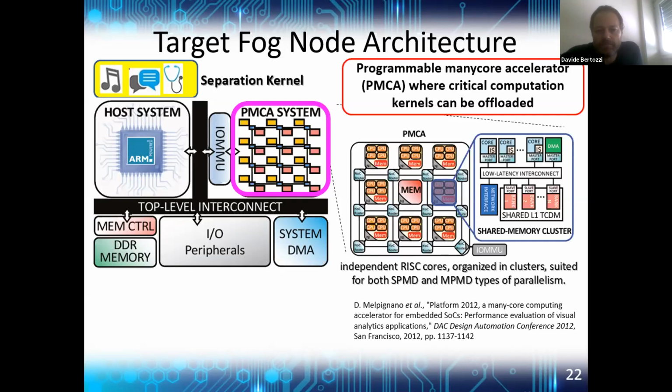And the point is, what is the most effective way of sharing accelerators? Some accelerators cannot be spatially partitioned. Therefore, the only way to share them is through time division multiplexing. Another way to share parallel accelerators is through spatial division multiplexing. But first, let's look at the programmable many core accelerator architecture.